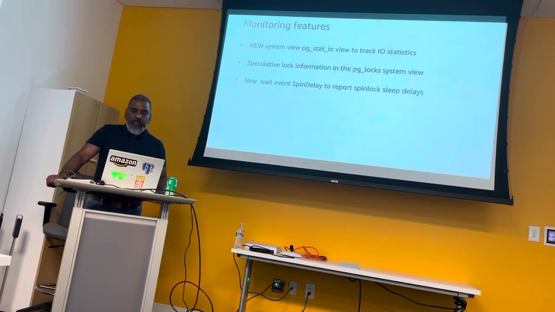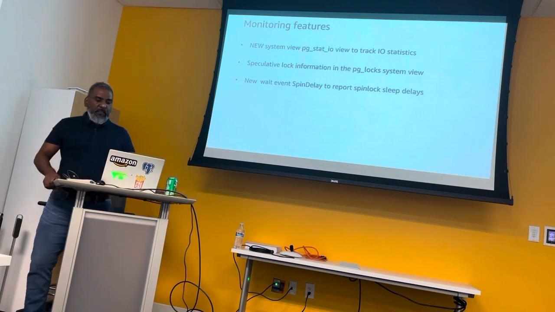So pg_stat_io is the added system view in PostgreSQL 16. And there is something called speculative lock information in the pg_locks system view. It looks like they have added a new column in pg_locks. And there's a new wait event added, SpinDelay, to report spinlock sleep details.